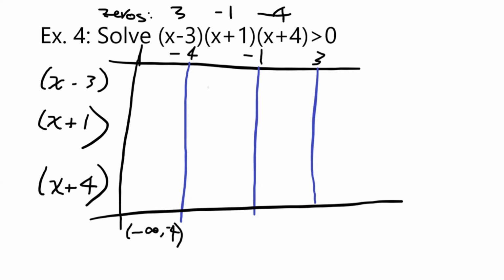That's that interval. This interval is going to be all the numbers in between negative 4 and negative 1. This interval is going to be all the numbers between negative 1 and 3. And this interval is going to be all the numbers between 3 and infinity.